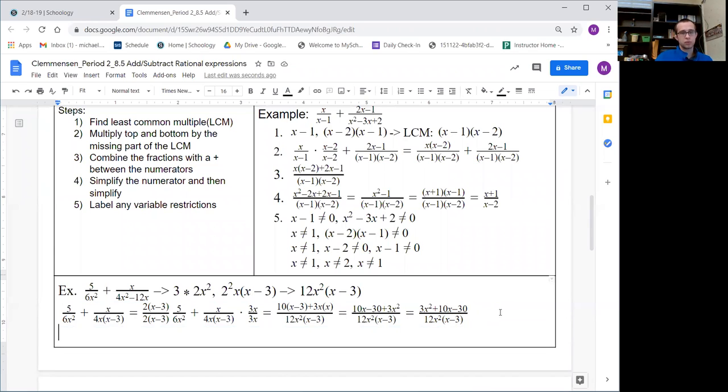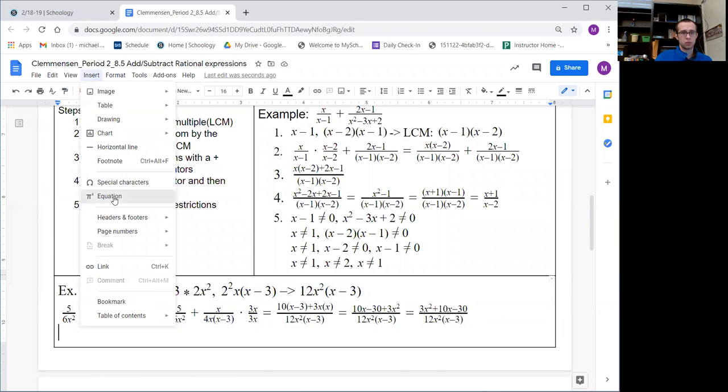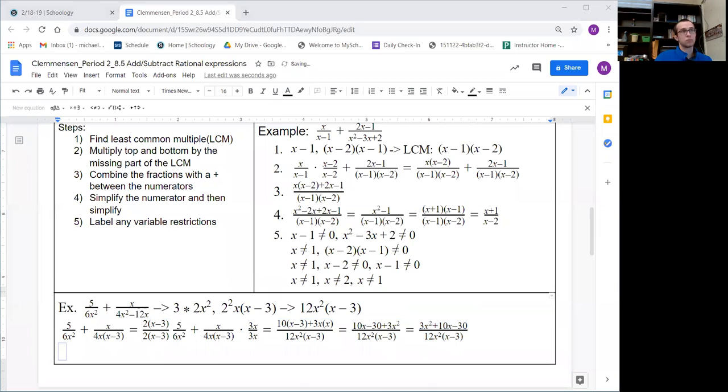To get our restrictions, we take our least common multiple and we set it not equal to 0. All right. Go insert equation. And I go 12x squared times x minus 3 does not equal 0.